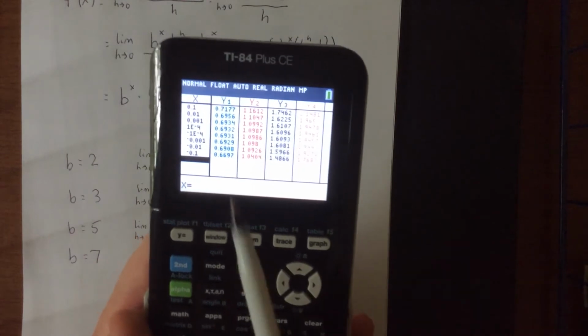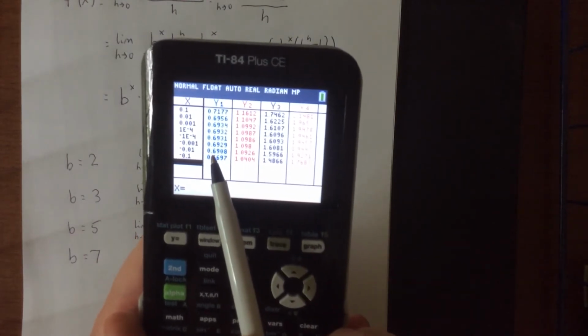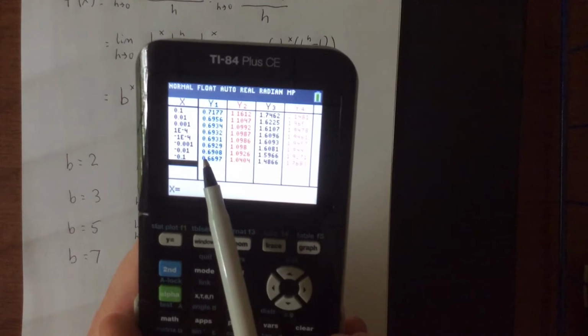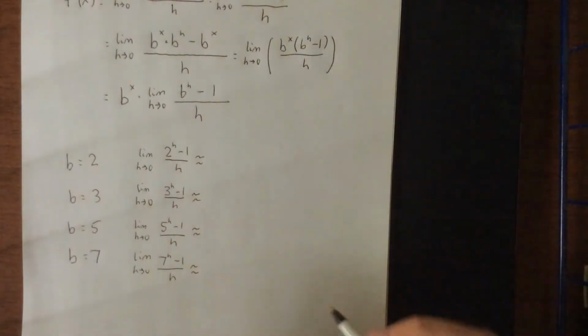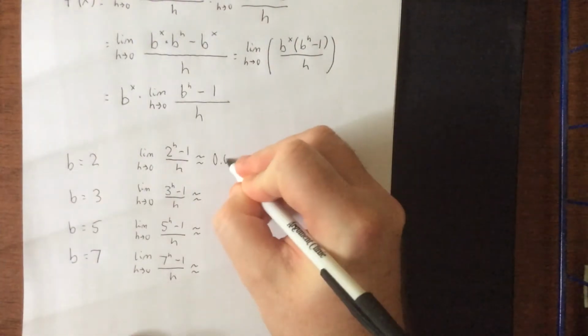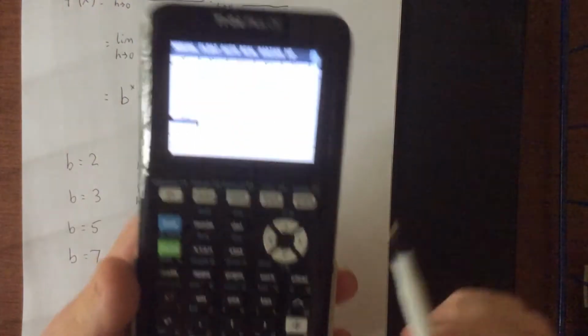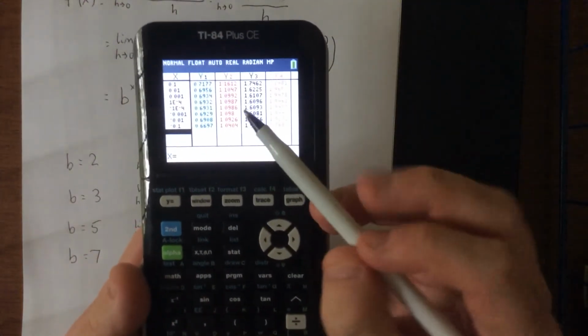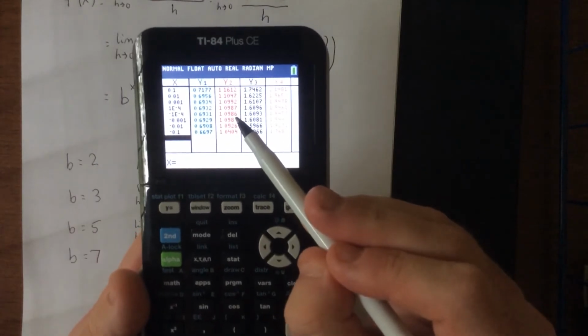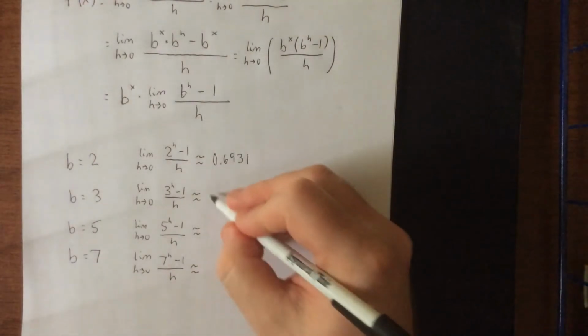So for the first column, that was for 2. That's about 0.6931 or so. For the second one, looks like about 1.0987.